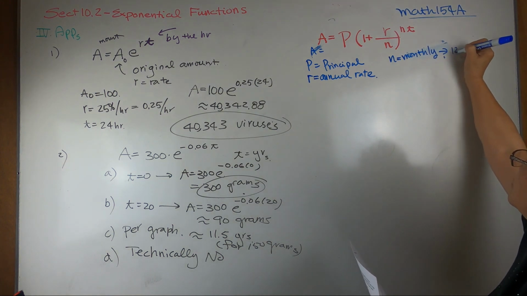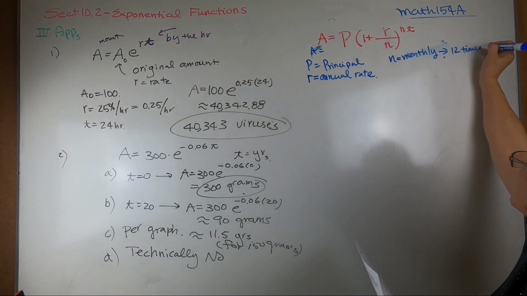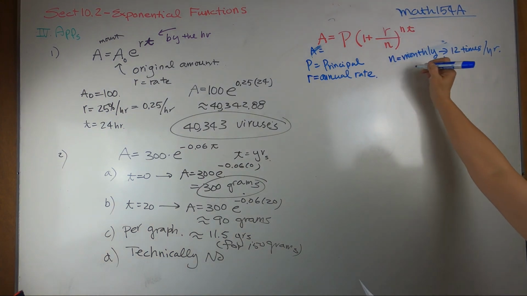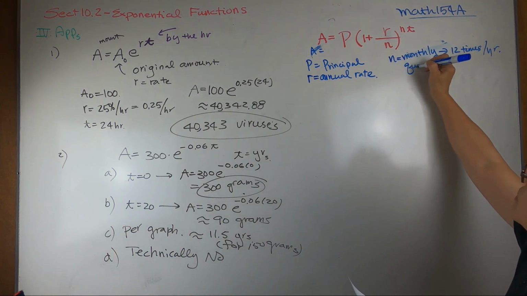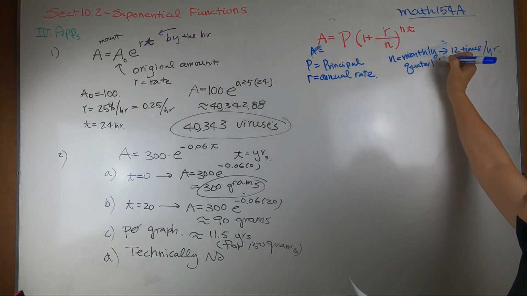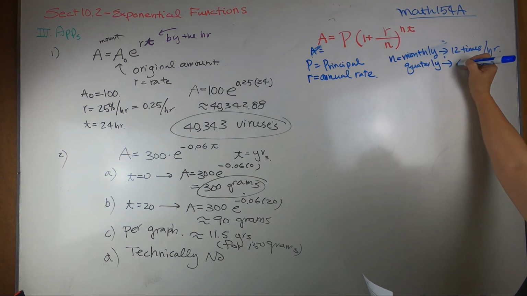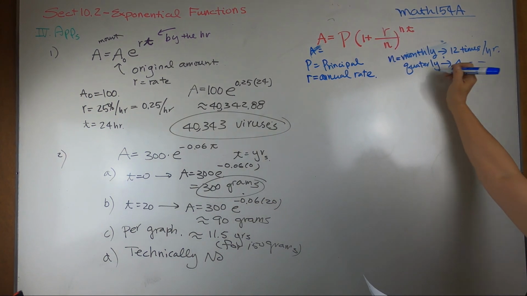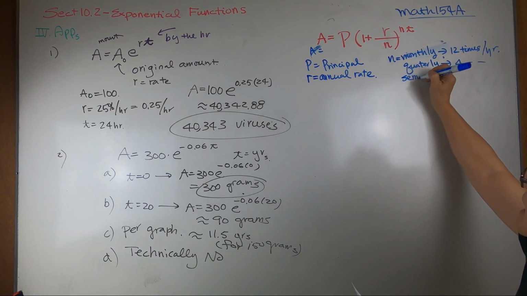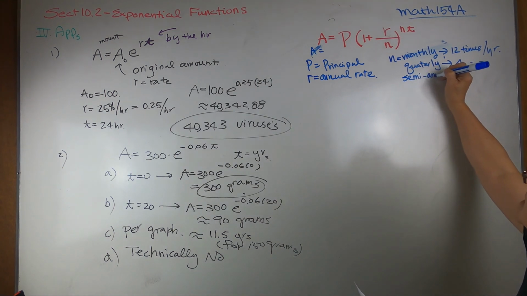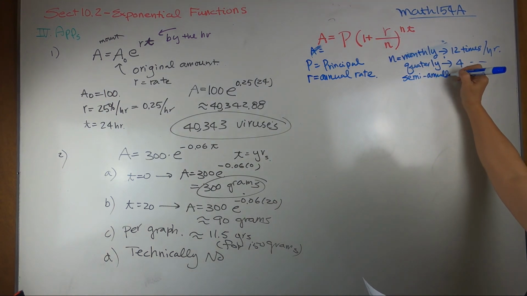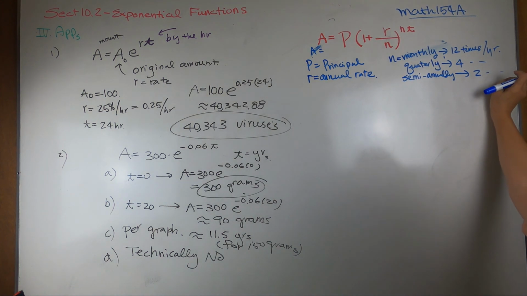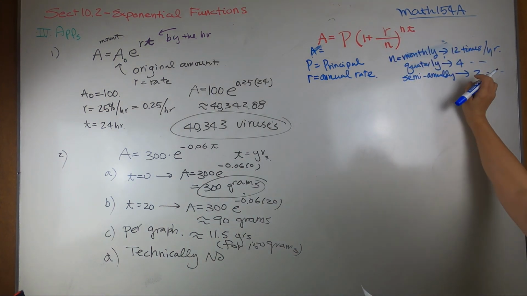If you compound quarterly, that will be 4 times per year. If you compound semi-annually, that will be twice per year. So N will be those numbers.